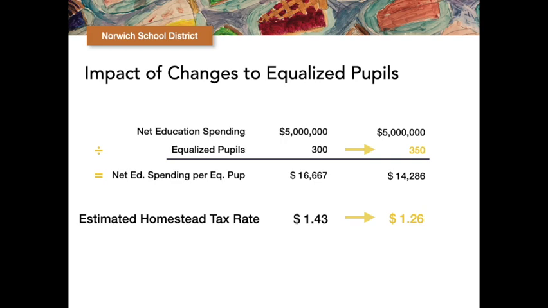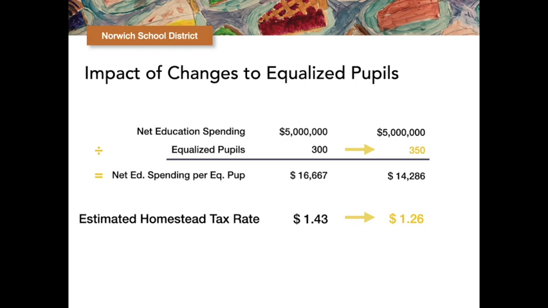For a school with net education spending of $5 million and 300 equalized pupils, their net ed spending per equalized pupil is $16,667. Using this year's estimated property yield and a common level of appraisal of 90%, that town is looking at a tax rate of $1.43.